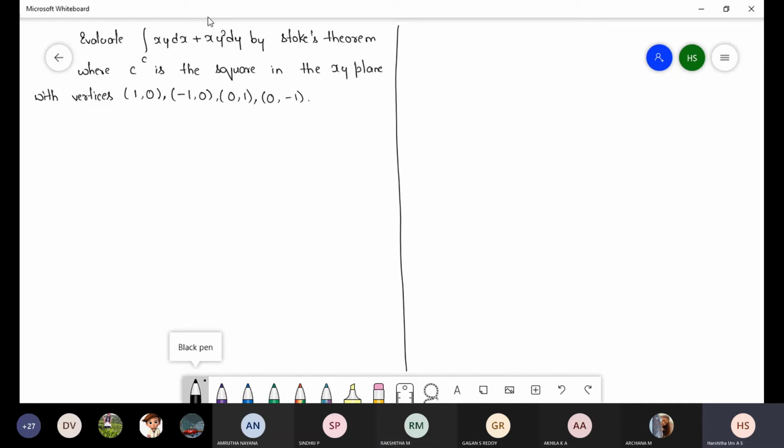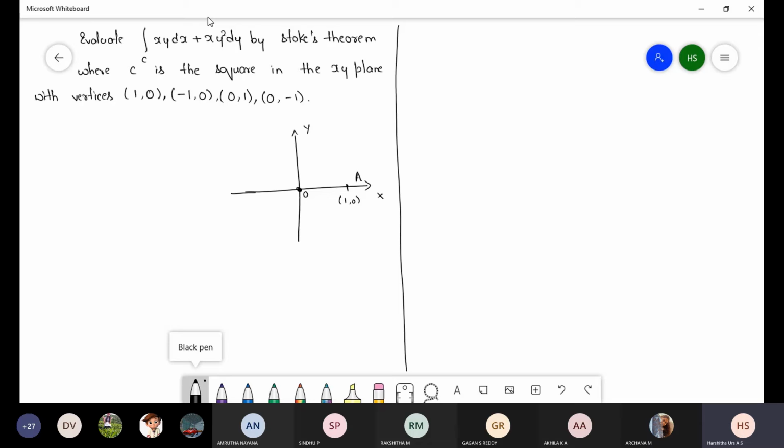Here they have given the vertices. First we have to draw the graph for those vertices. So this is your x-axis and y-axis. Here I will mark the origin. Now (1, 0) means it comes here.